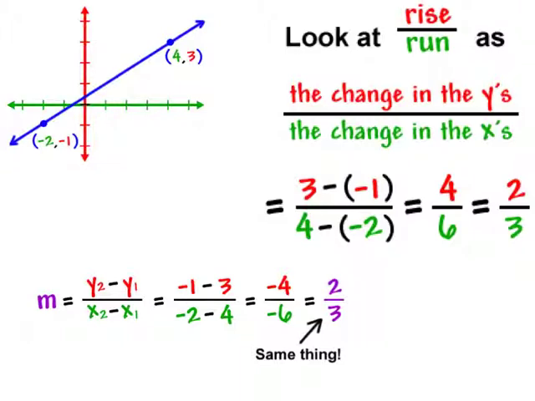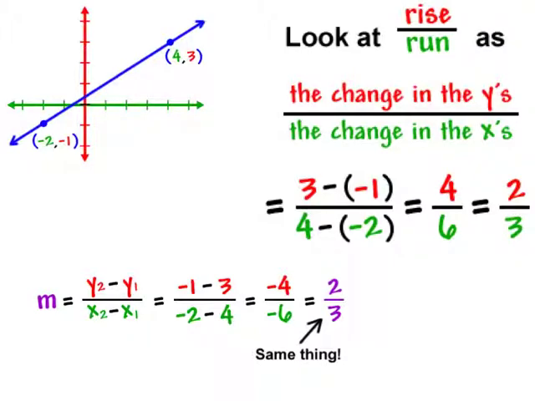And here's another example. It might be helpful if you look at rise over run as the change in the y's over the change in the x's. So here's the gist of it.